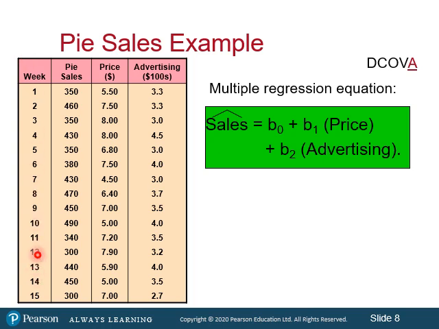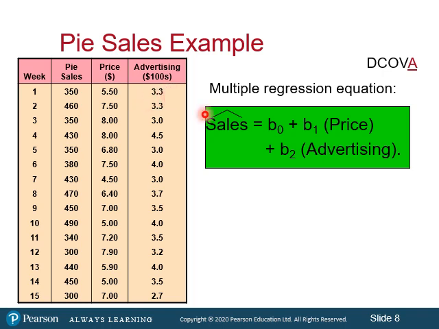Column 1 represents your week number, 1 to week 15. Column 2 represents the pie sales, which is 350 for week 1, 460 for week 2, and so on. Column 3 is the price for each week. What is the price set for the pie? And column 4 is your advertising, which is in hundreds.